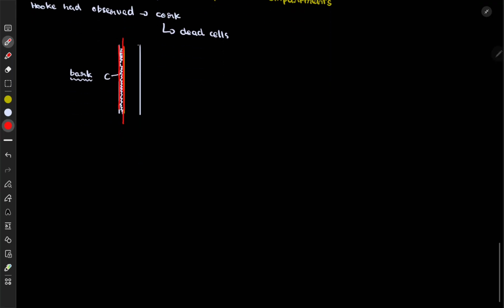He placed it under the microscope. Assuming there is a microscope, I'd also look at it like this. But this is how a microscope actually looks.